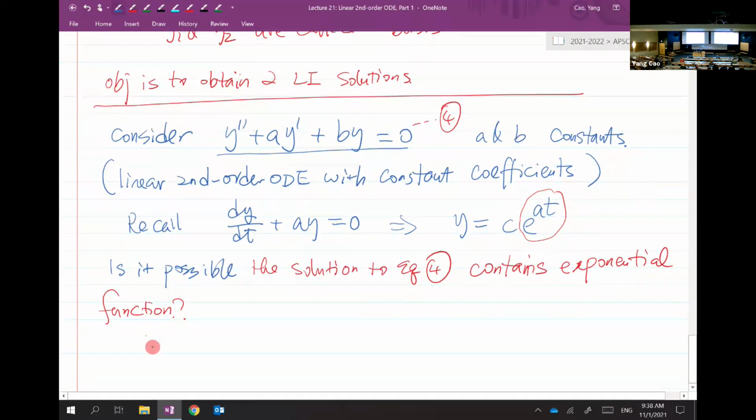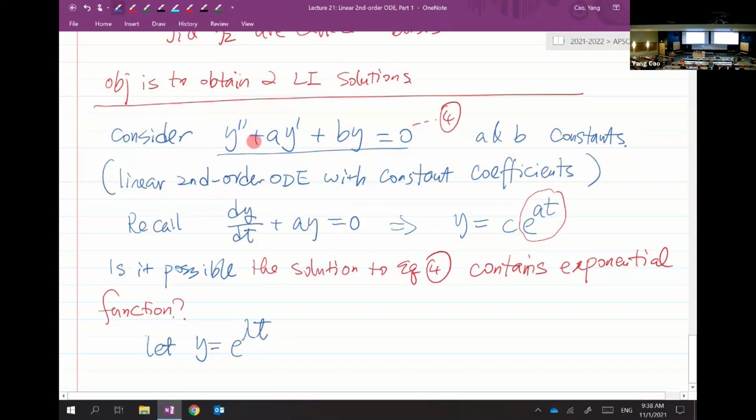If we want to explore this idea, let's let y equal to e to the power of lambda t. Let's try this out and see if it works or not. The point here is, is there a value for lambda? Lambda is a certain constant. Is there a value for lambda so that e to the power lambda t is actually a solution to equation 4?